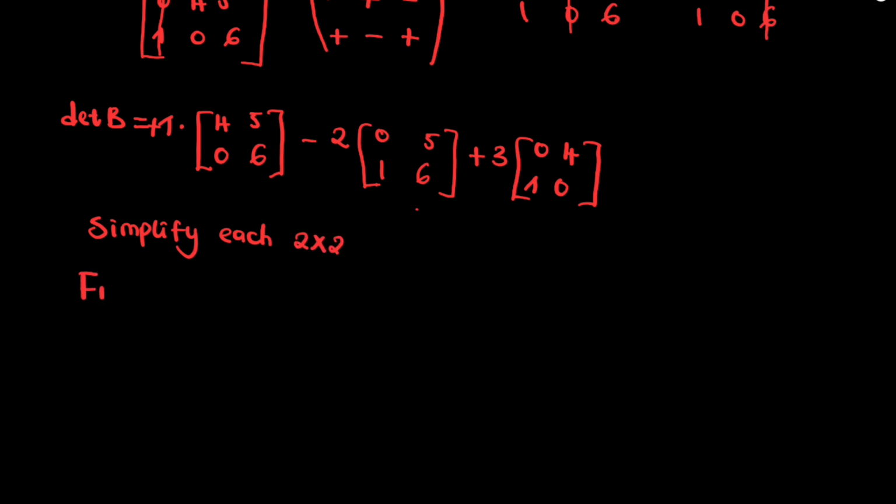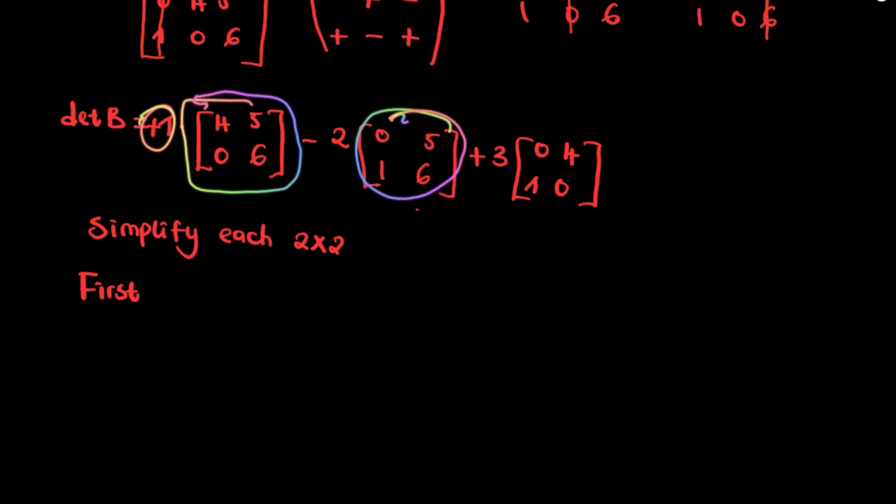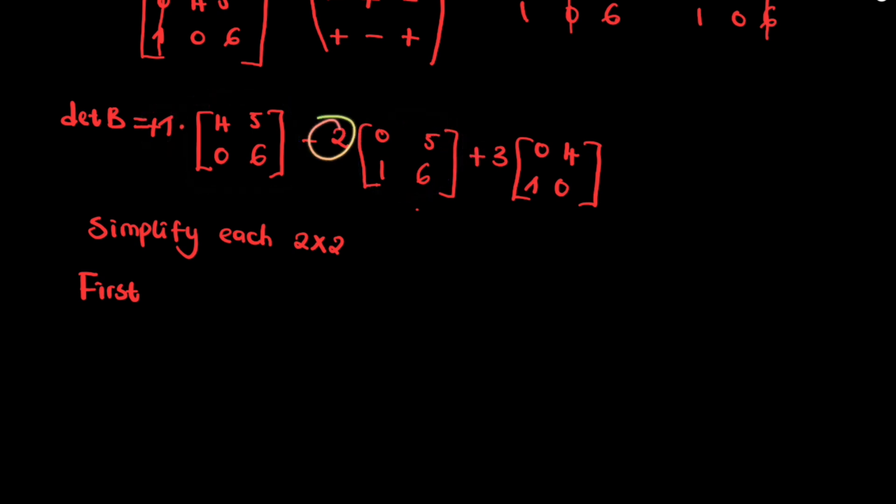So let's have the first one. This is the first one. So we take this alone, we look for its determinant, and then we multiply by this. We take this alone, look for its determinant, then we add it, and we'll take this alone, look for its determinant. So let's take the determinant of the first case.